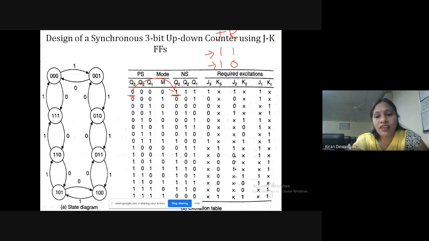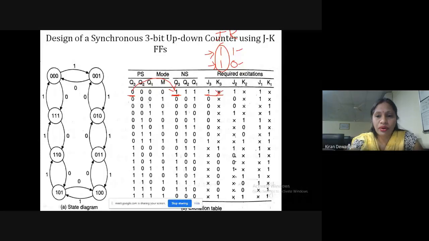So what is our excitation? J is fixed 1. J is fixed 1. K can be either 0 or 1. So it is 1 cross. Is this part clear? This was the excitation that we have already studied in previous classes, students. We just need to recall the things. ठीक है?